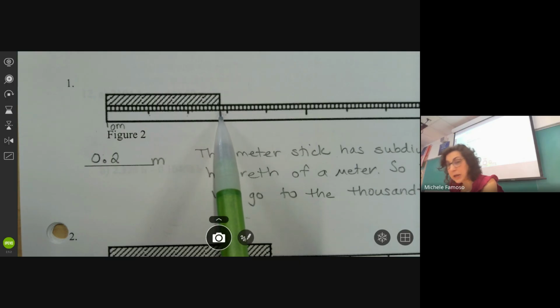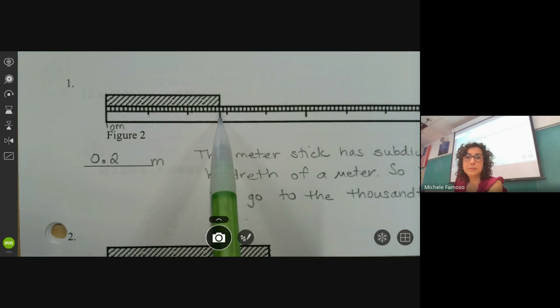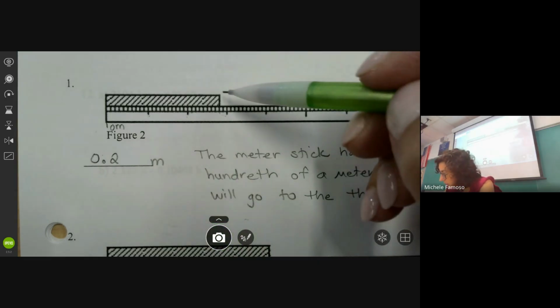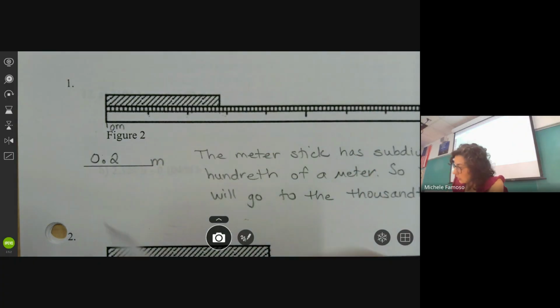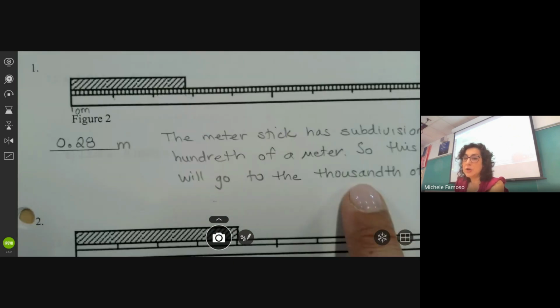There's 9. It's around 8, isn't it? Is it right on the 8th line? This edge here, to me, it looks like it's lined up perfectly. So I'm going to put 0.28, but then what do I have to put in the next digit since I have to go to the thousandths place? A 0. And that would be an acceptable answer.